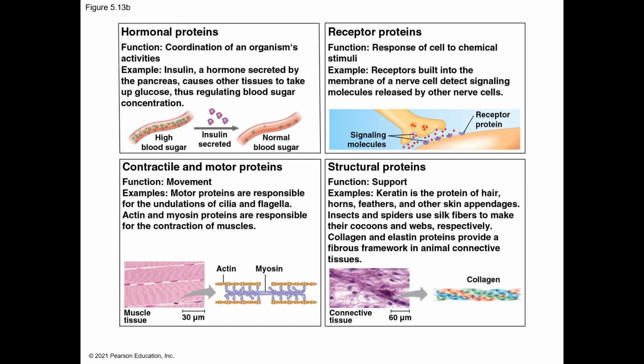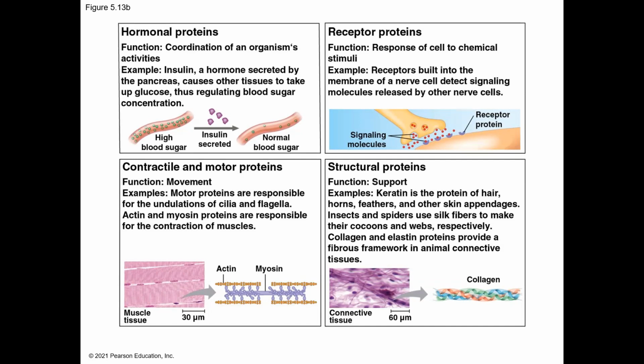Contractile and motor proteins. Their function is for movement. Examples include the motor proteins that are responsible for the movement of your cilia and flagella. You have cilia lining your intestines, for example, for the movement of things through the digestive system.